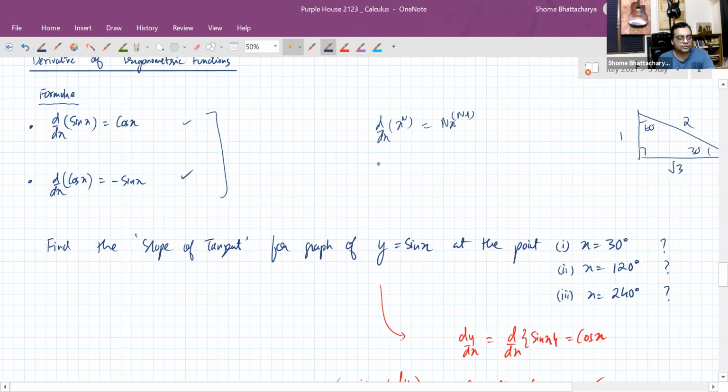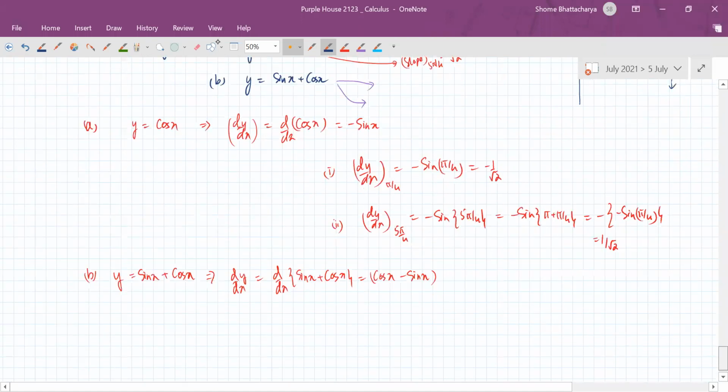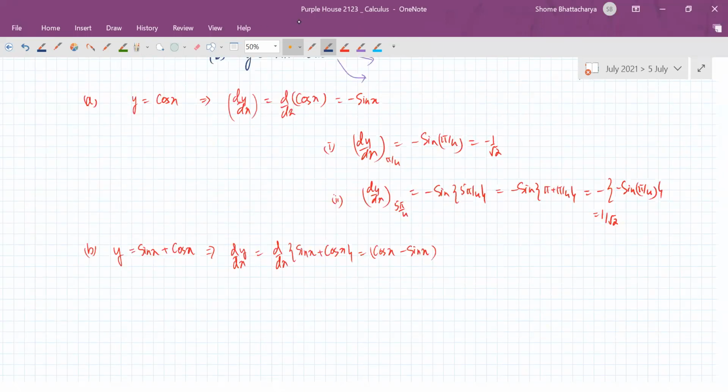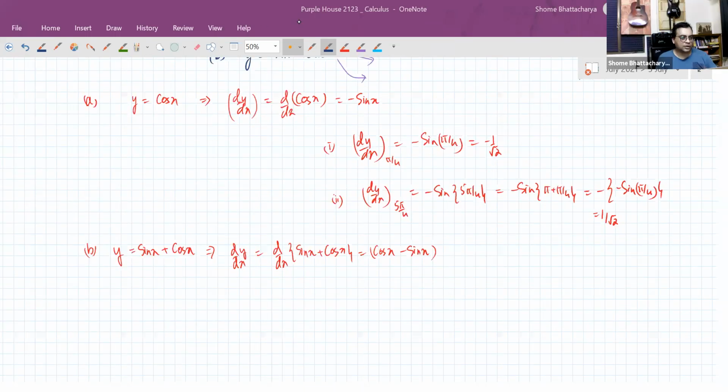And then we also know the properties of differentiation, that a constant times a function becomes the constant times the differentiation of the function, and so on and so forth. We have so many properties, so all that we have to apply. So understood now how differentiation of cos x is minus sin x came?